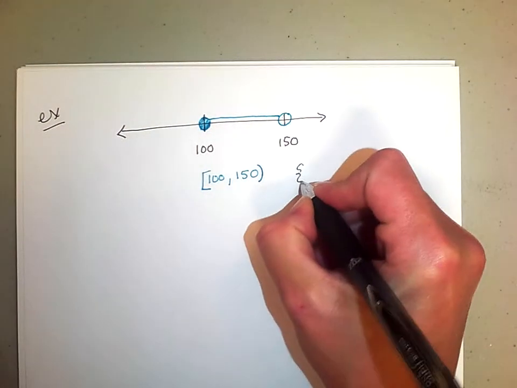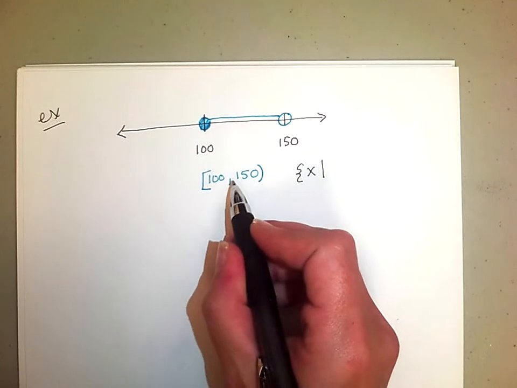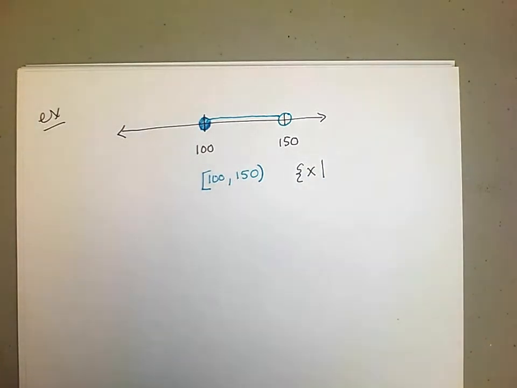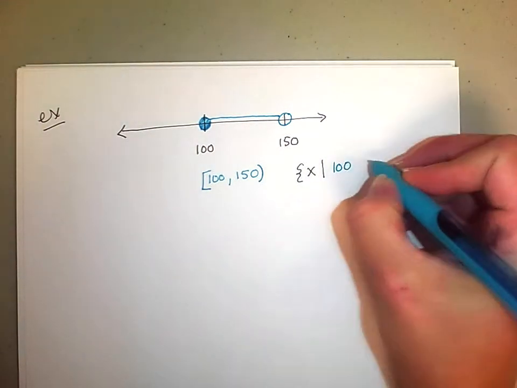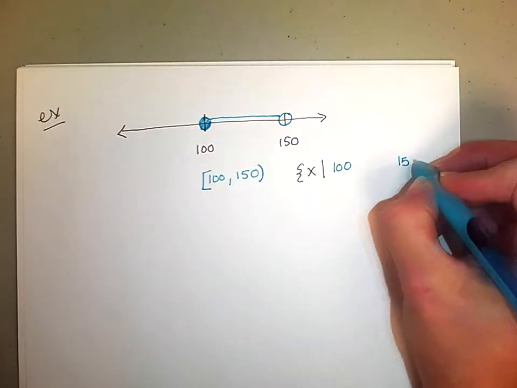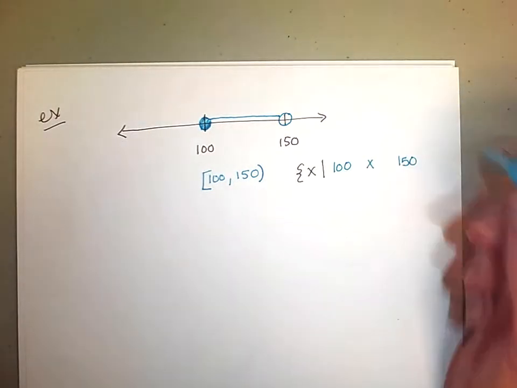Then in set builder notation, it would look like the set of all x, such that, well, now x is bounded on both sides. So the way we write that is you take the lower bound, the 100, and the higher bound's 150. X is going to go in the middle of that.